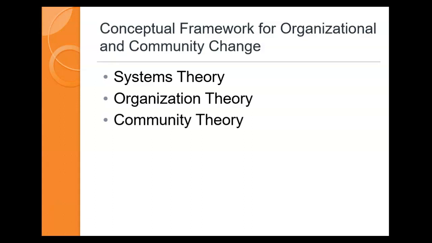Whether we are specifically doing direct practice or working with groups, families, or a large entity, systems theory helps us understand how systems interact with each other and what some of the key factors within those systems are that come into play when we're trying to be change agents as generalist practice social workers.